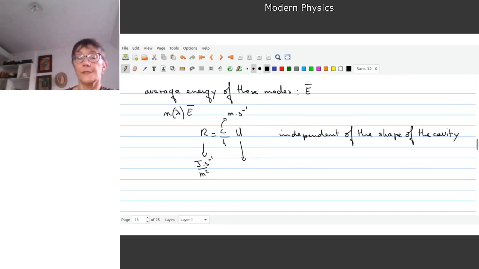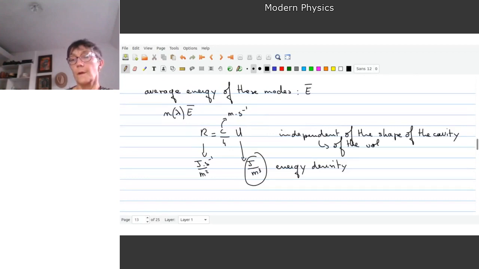So this is joule per volume, this is the energy density, and obviously, as it is a density, it is independent of the volume.